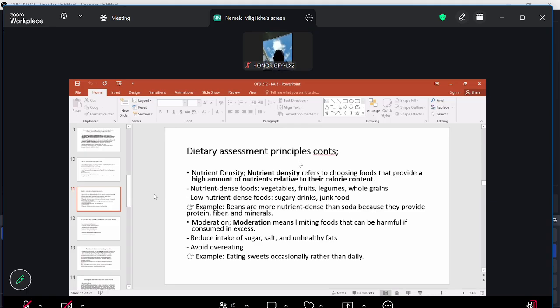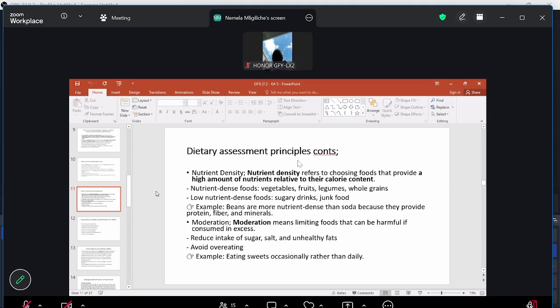It provides all essential nutrients, for example vitamins, minerals, protein, carbohydrates and fats. Excellent. Because if you eat a variety of foods, you are able to get all the essential nutrients in the right amount, according to the recommended daily intake of that specific group. So that also prevents nutrient deficiency.